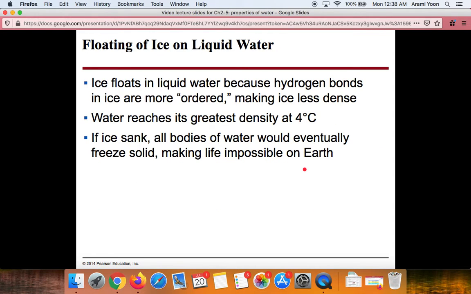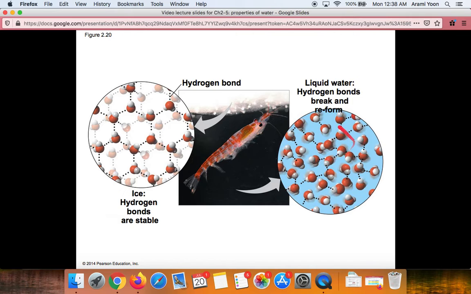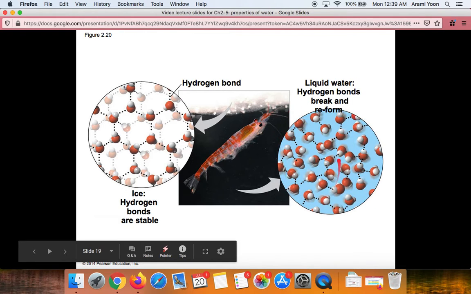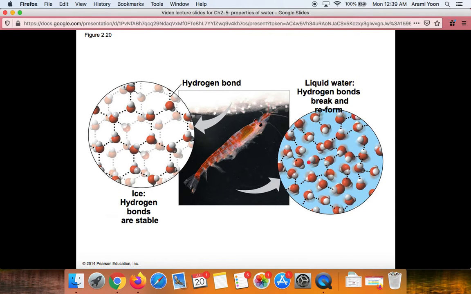Another example of how hydrogen bonding in water moderates temperatures is the ability of living things to live even in frozen lakes. So what's happening here is this is liquid water, and you can see that it's forming these hydrogen bonds and they're breaking and reforming just kind of willy-nilly. But as the temperature drops, the water molecules don't move around as much, and as they slow down, that gives them time to form the maximum number of hydrogen bonds with neighboring water molecules that they can.